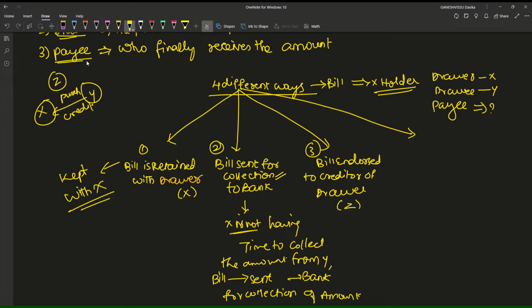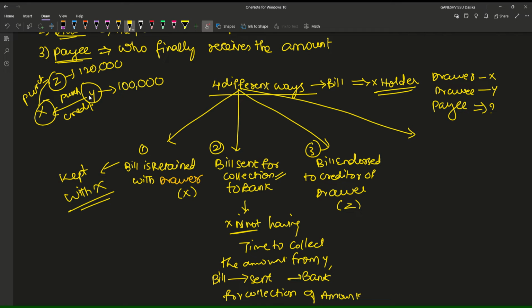And previously X has purchased goods from Z on credit. Let us suppose X sold the goods to Y for rupees 1 lakh, and Z sold the goods to X for rupees 1,20,000.